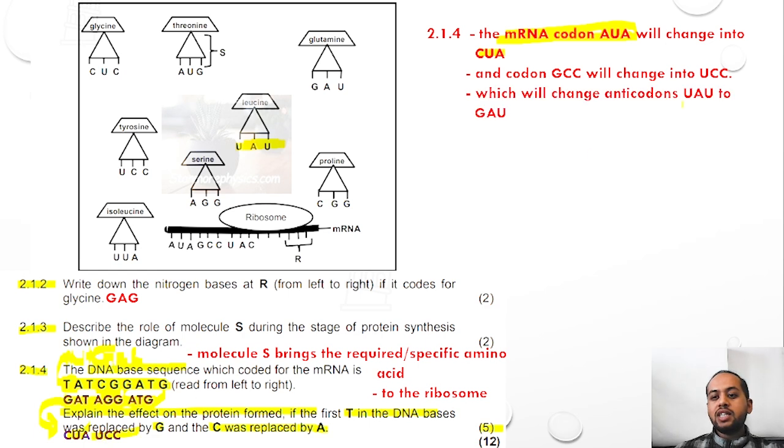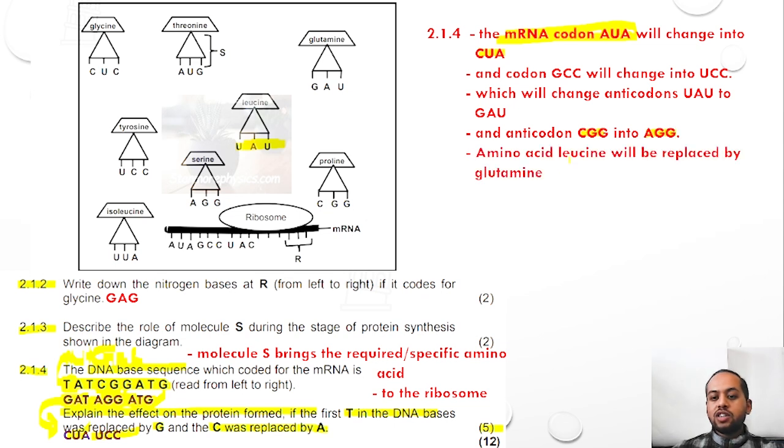This will change the anticodons. UAU, where do you get that? Initially TAT would have given you UAU, and it changes to GAU. Why? Because GAT now becomes GAU. And the anticodon CGG changes to AGG, because of the change we had in the DNA base triplet.